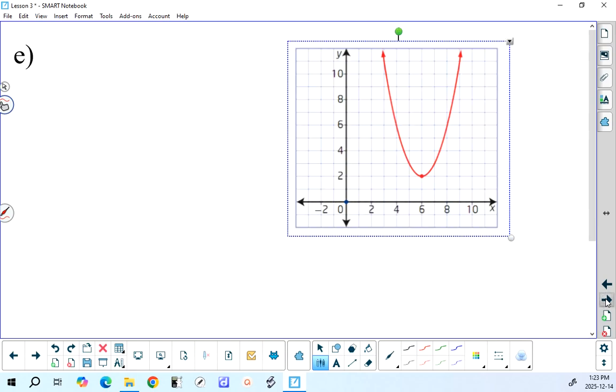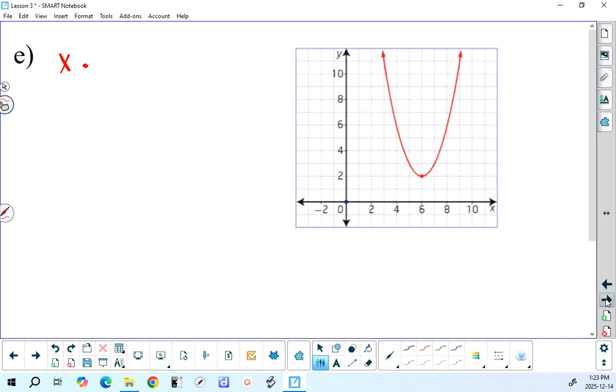Another one, when you look at the domain, it is negative infinity to positive infinity for x. Because these two arrows go to the left and to the right forever, you will always be able to look at bigger and bigger values of x on either side, to the left or the right.